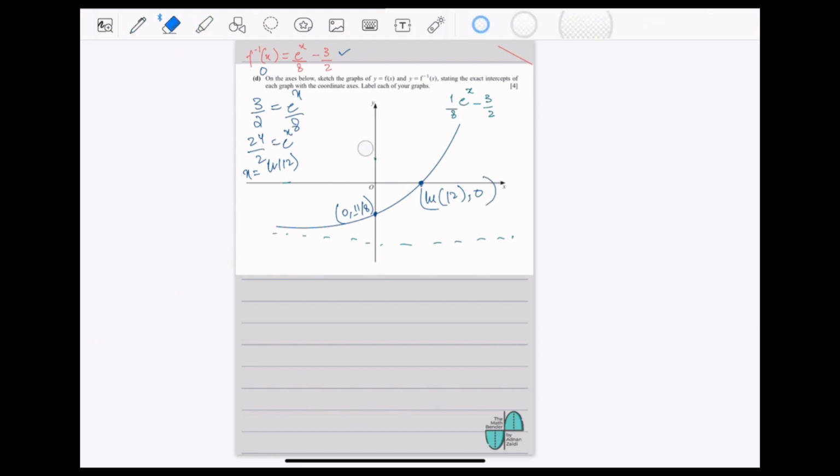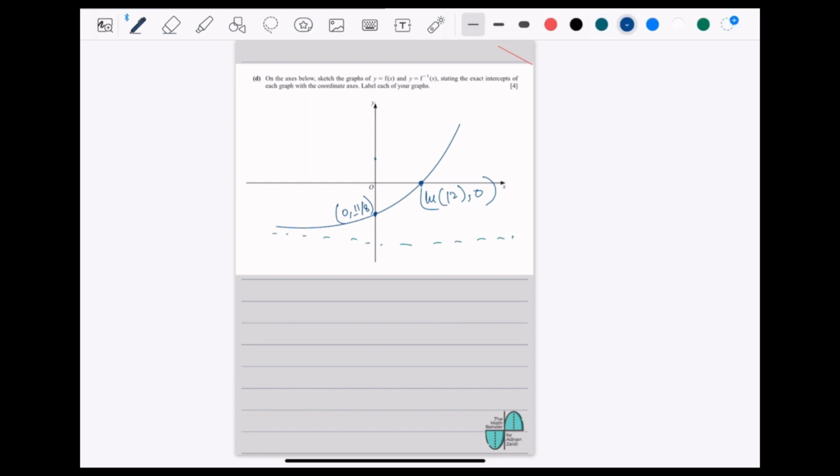I'll erase the original function. This is all I need for the sketch. Now, this is f inverse. I've already drawn that, and the relationship of f of x and f inverse of x is the reflection in the line y equals x.